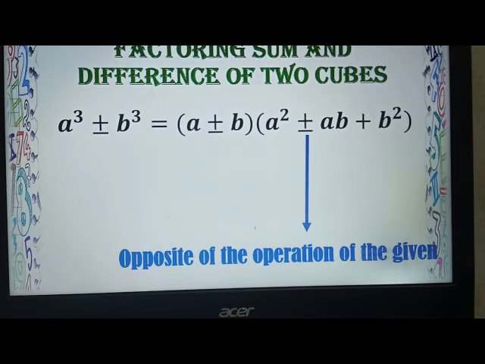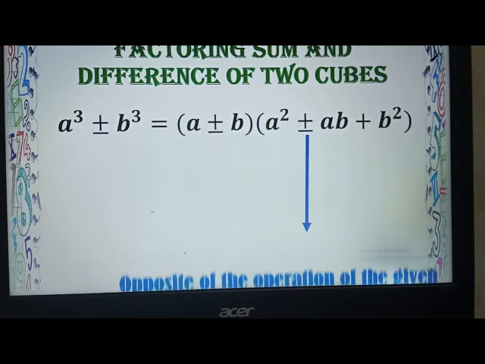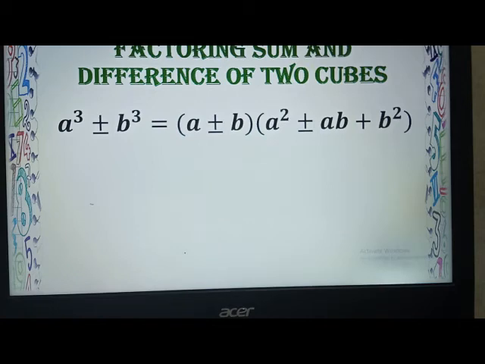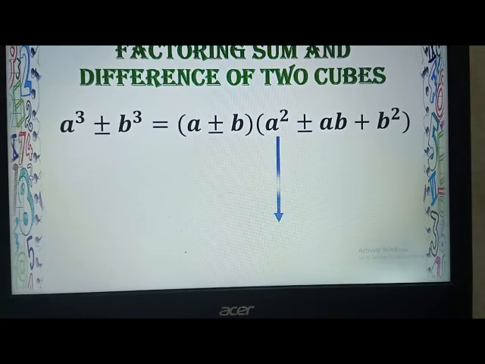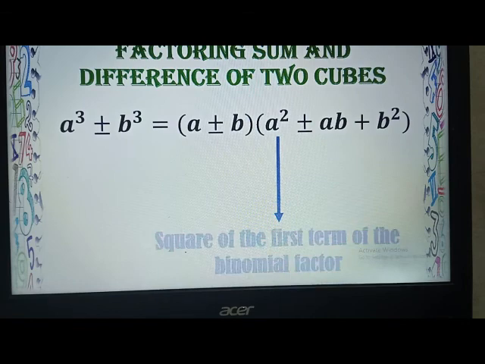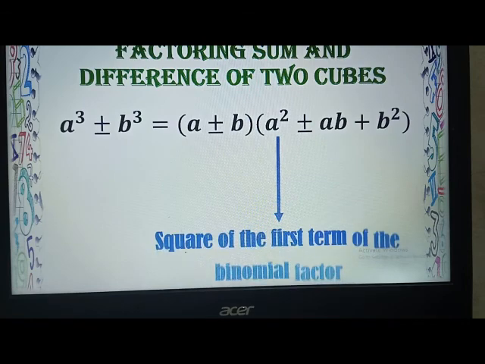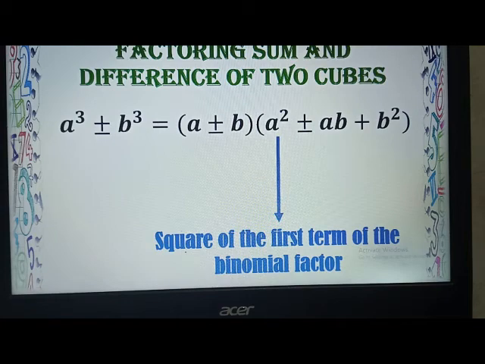For the first term of the trinomial, it is taken by squaring the first term of the binomial factor. So for the binomial factor, the first term is a, so the first term of the trinomial factor is taken by squaring a. For the third term, it is taken by squaring the second term of the binomial factor.